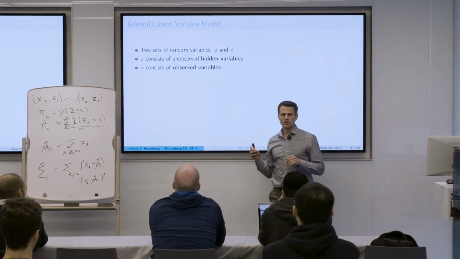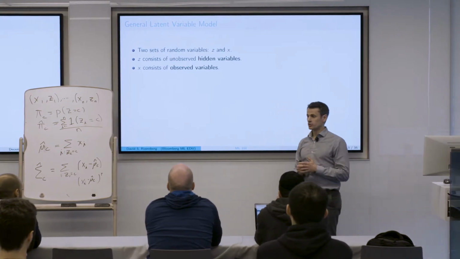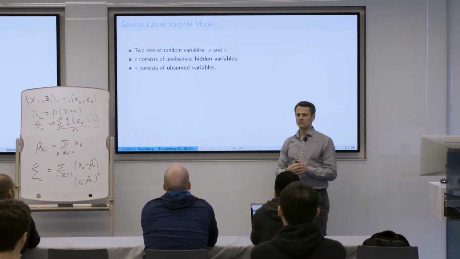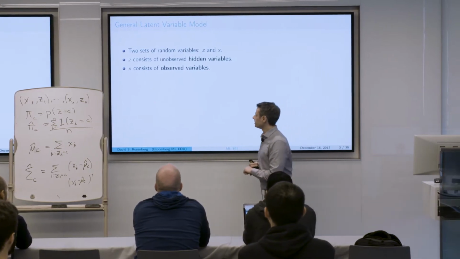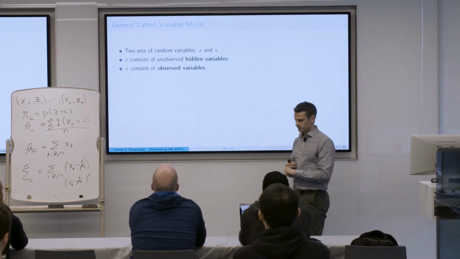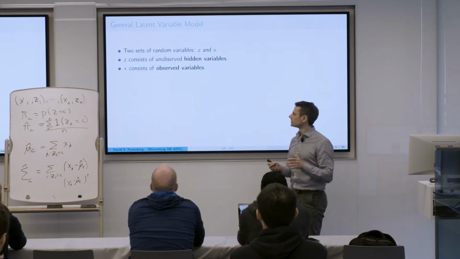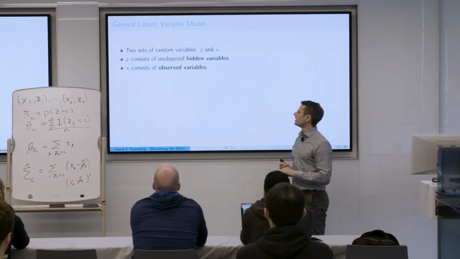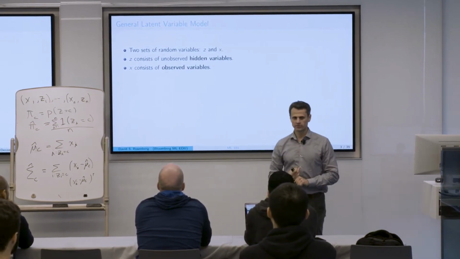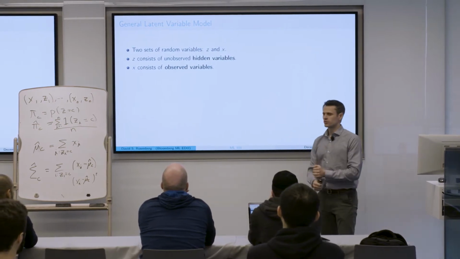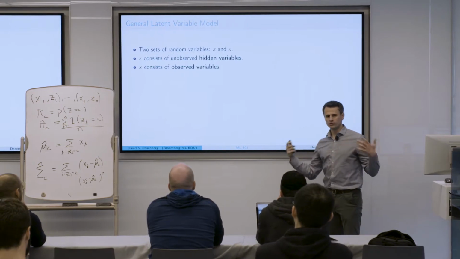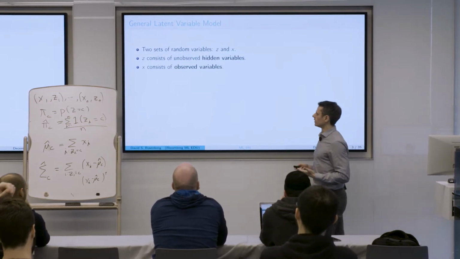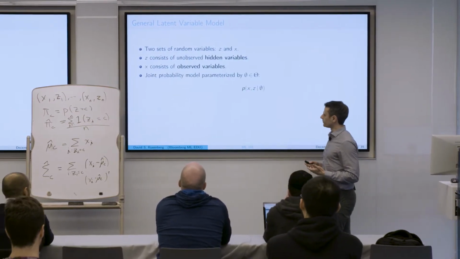And we're going to talk about two sets of random variables. Just like for the Gaussian mixture model, we'll keep them the same letters, z and x. Z are the unobserved hidden variables. Previously, they were the cluster assignments. Now they're whatever. And x are observed variables. So the key is that x are observed, z are not observed, but z are involved in the overall distribution for our data.